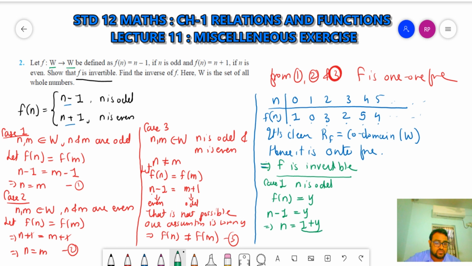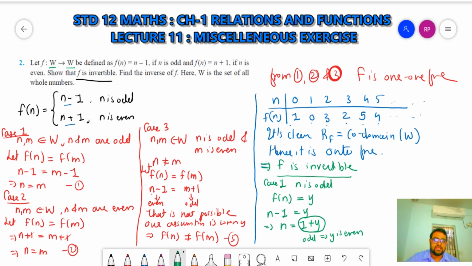And what is 1 plus y? n is odd, that implies 1 plus y will be odd. So that implies y is even. Clear? Because it is clearly given that n is odd. So if 1 plus y is odd, that implies y will be even.